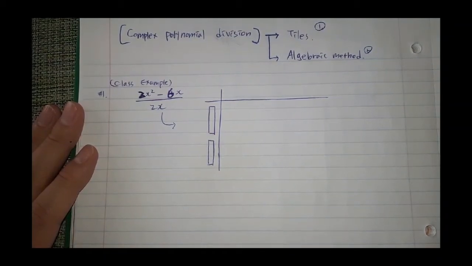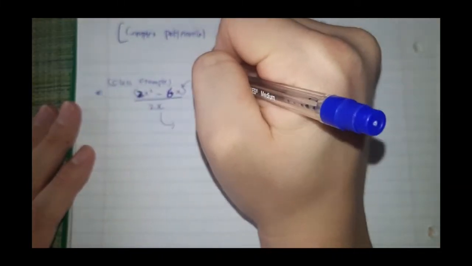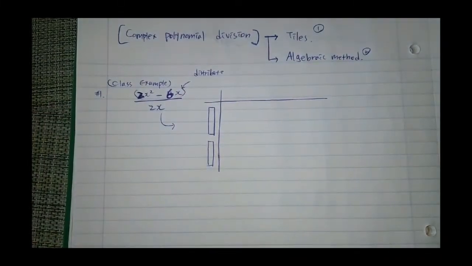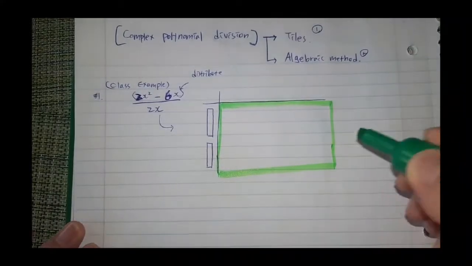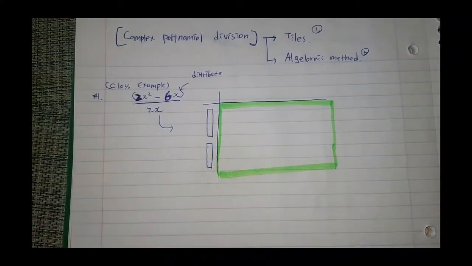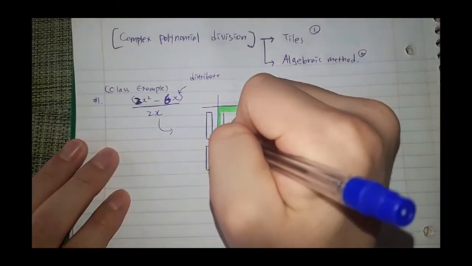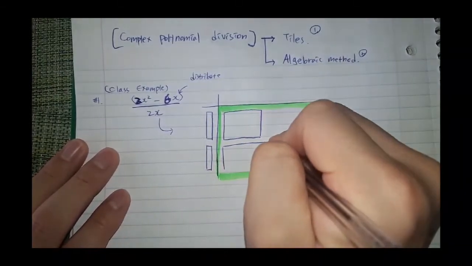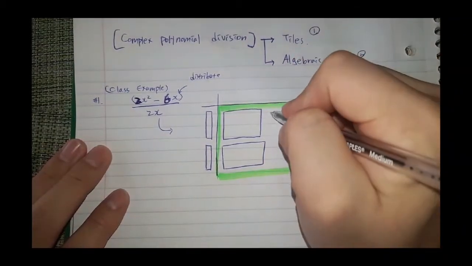Then 2x squared minus 6x: you need to distribute the numerator evenly using the space inside of a table. That is how we did it, except it will be a little tricky because can you see x squared? That's a fancy way of saying we have to put a big square for each of them. Note that I put 2 empty ones because of positive, and negative 6 is colored.